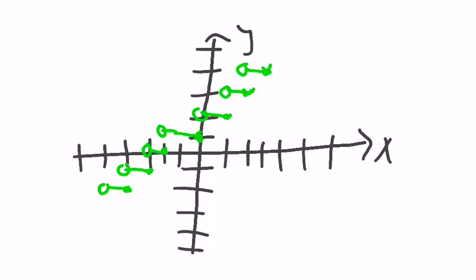So it looks like we made a bunch of steps, and that's what that looks like. So each increment is the same. It's going to go up that many and move over that many, for the most part.